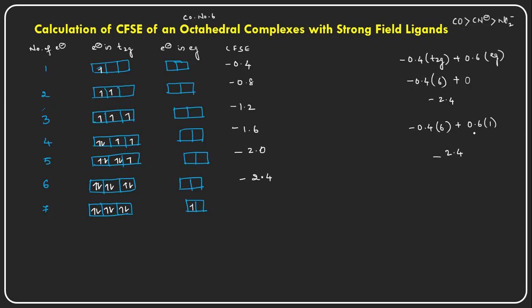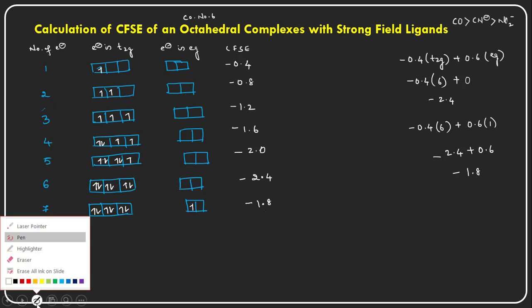Minus 2.4, and plus 0.6 into 1 is 0.6 only. So minus 2.4 plus 0.6, how much will it be? It will be minus 1.8, right? So this is the value for the seventh electron.